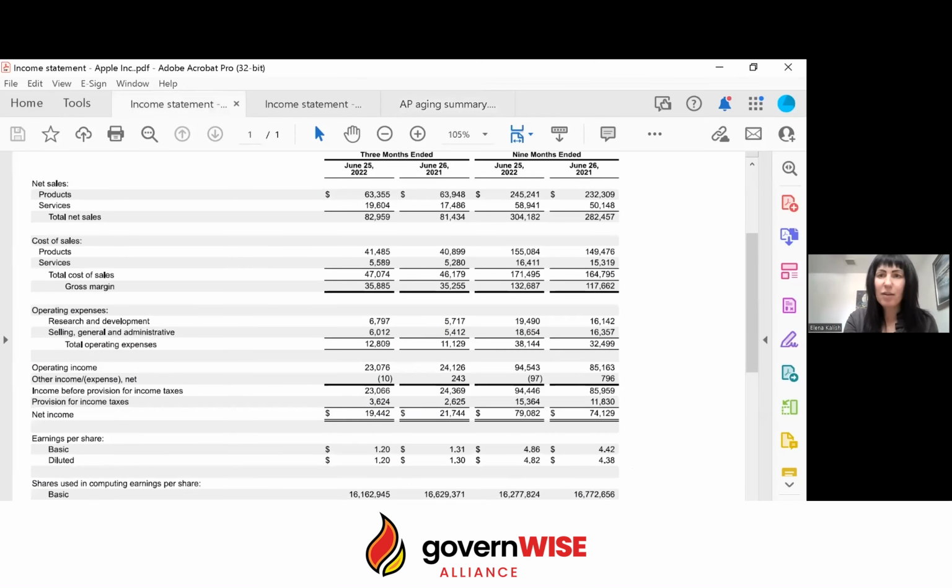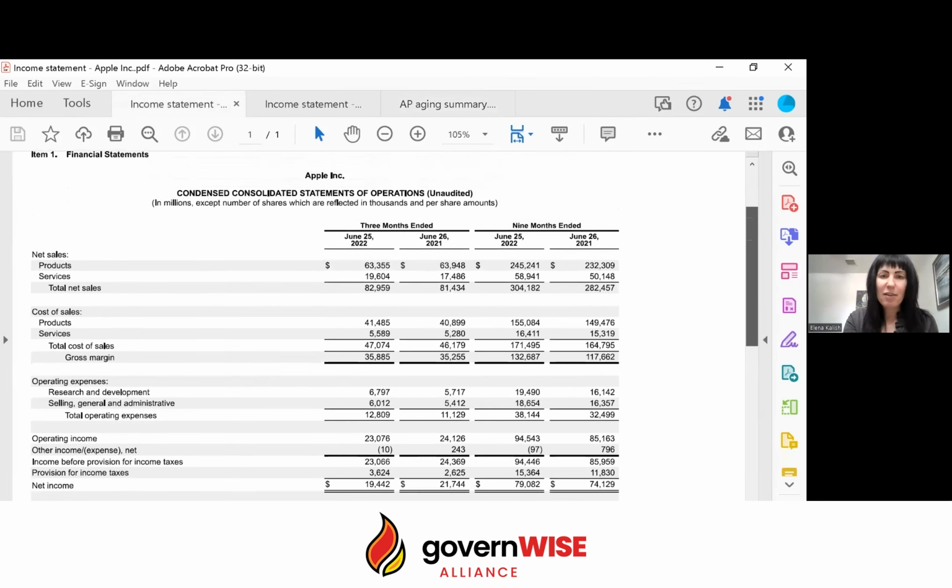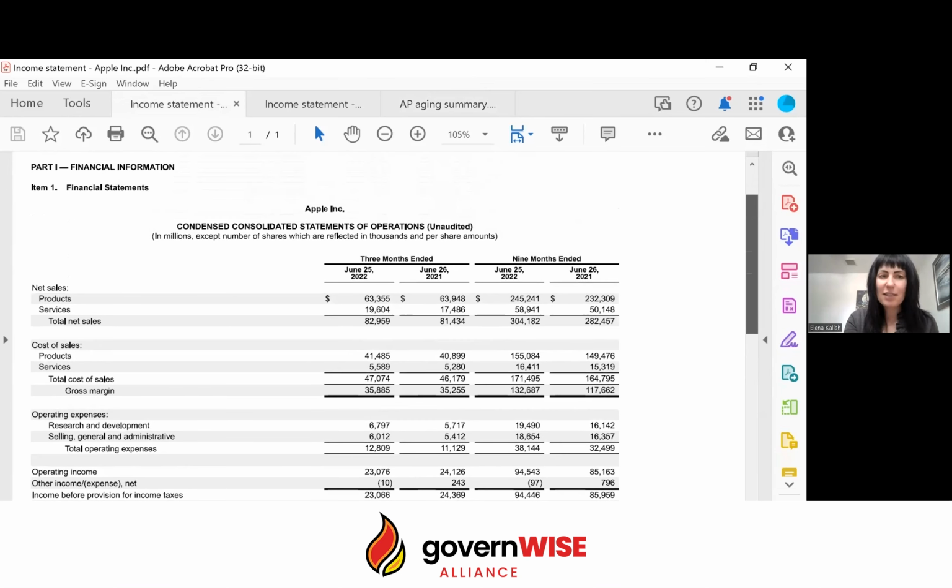So this example here is the famous Apple Inc. I like using Apple as an example because I feel it's very concise. We don't feel overwhelmed with information when we look at it because it's just short and to the point. This is why I like to use it. Easy to understand. So you'll see here, they divide their sales into products and services, and also cost of sales, which are direct expenses.